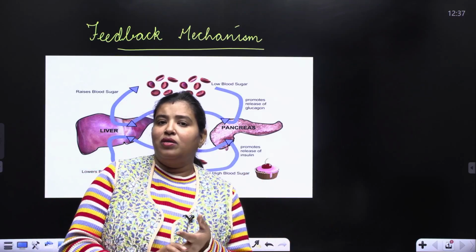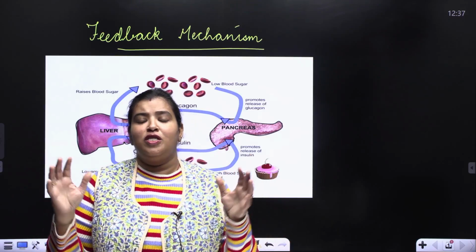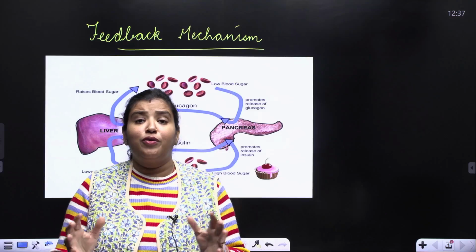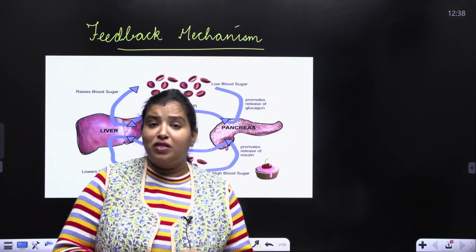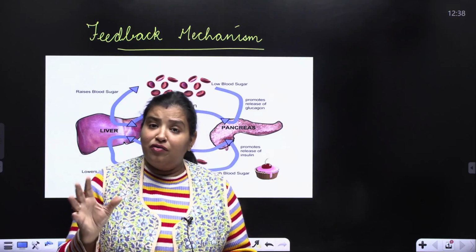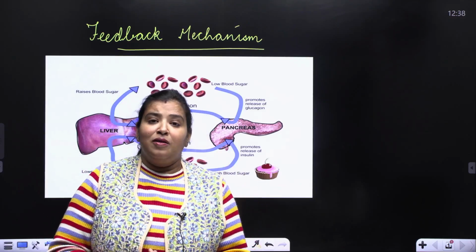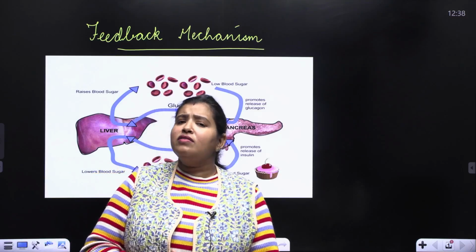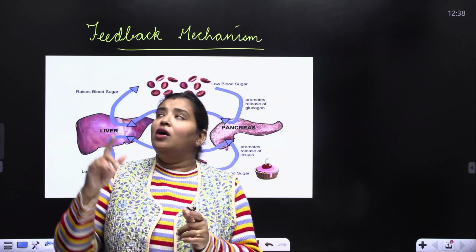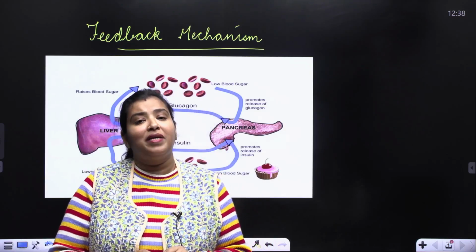Today, when the world is following so much content on YouTube, the first thing that we search for is the reviews of that particular hotel or that restaurant, or which is the best place to stay in the city or the town. Yes, similarly, our body works on this feedback mechanism.